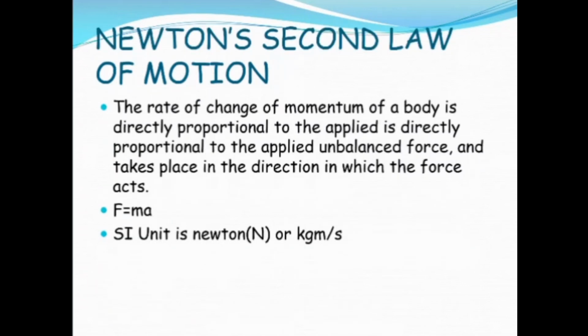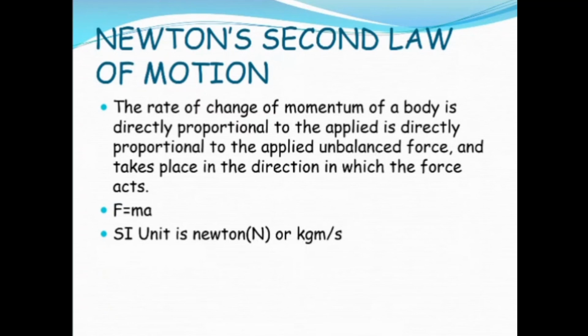So now let's learn about Newton's second law of motion. The rate of change of momentum of a body is directly proportional to the applied unbalanced force and takes place in the direction in which the force acts.